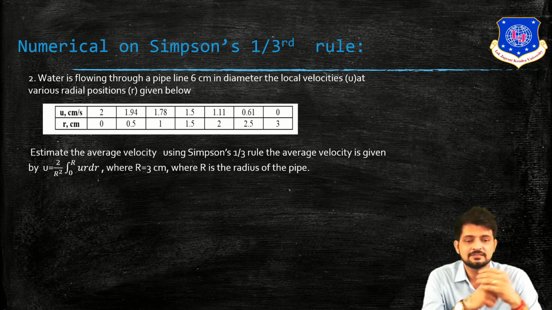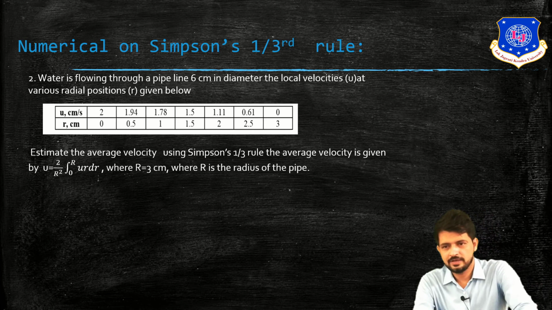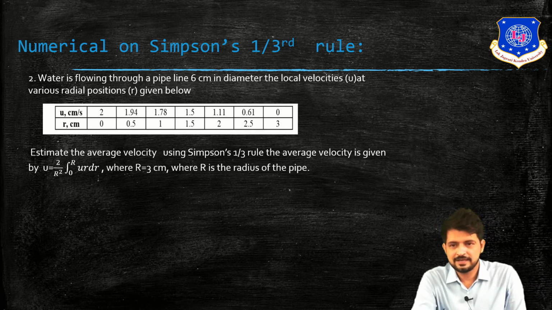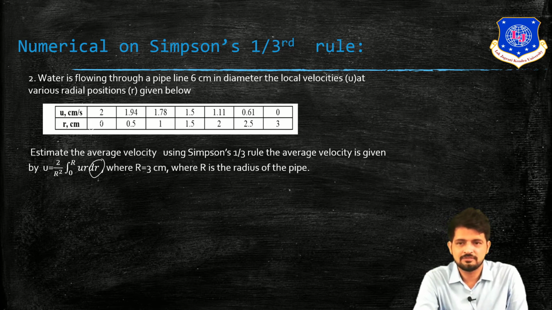See, r is equal to 3 is given. Before that, you can see the integration is with respect to r, and the value of h you can easily identify from the table, that is 0.5.